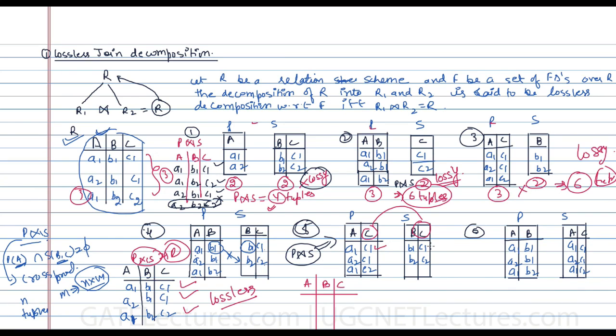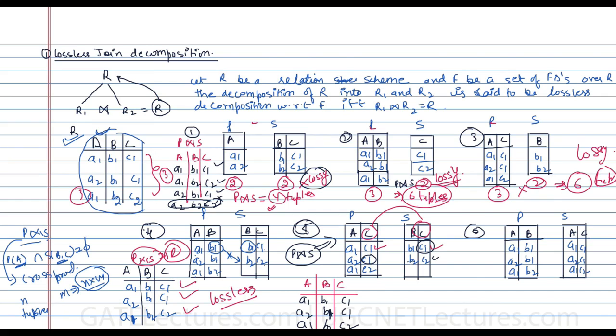So here we have C1, here we have C1, so we are going to get A1, B1, C1. Here it is C2, so it will not be combined. Next is A2, B1, C1, because this is equal to this, and the third one is A1, B2 and C2.